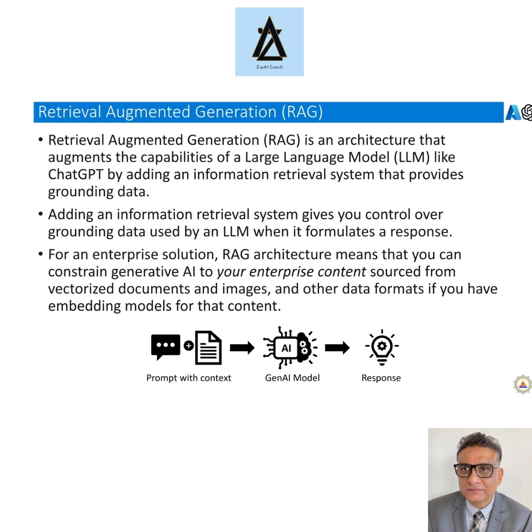You are using generative AI, or Gen AI, augmented by retrieving something and passing that as context along with the prompt to the model to get a response. This takes care of most of the limitations that we have discussed in Gen AI models, and it also provides you a great context for the organization.